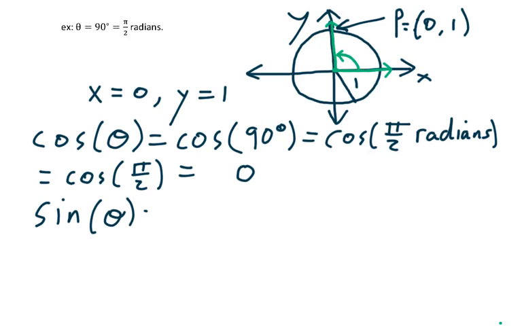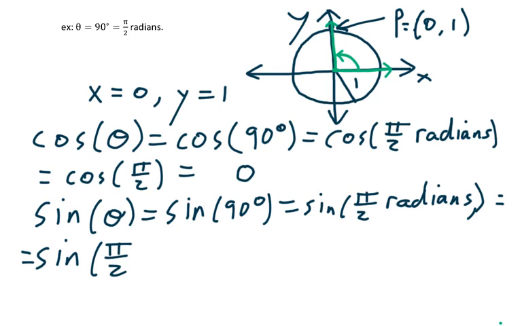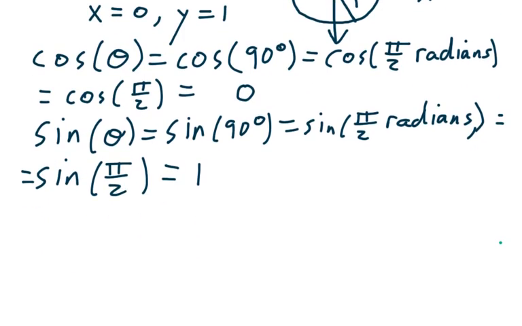Sine of the angle is sine of 90 degrees also, and that's equal to sine of pi over 2 radians, which is equal to sine of pi over 2. That's the y coordinate of P, which is 1, so we get 1. Okay? Again, I put x and y here; that's how it was in the definition from the previous video.